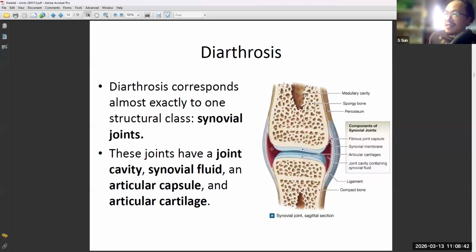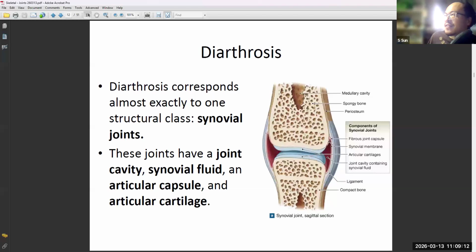But when they meet, this environment is different. It's in the fluid, which allows them to have some lubrication. And this is covered entirely by a capsule. We call it a synovial capsule, a joint capsule.